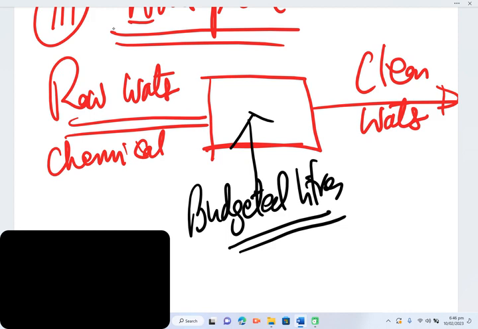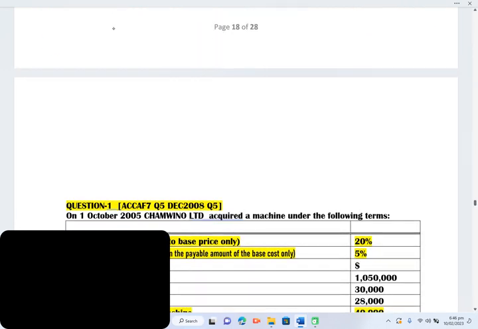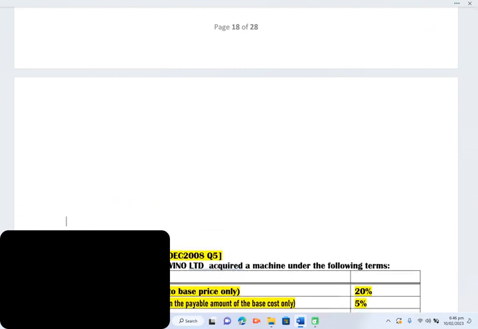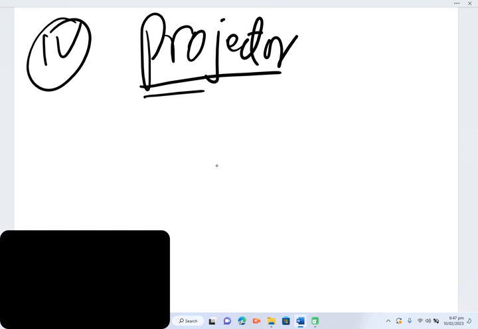Mnasikia mpaka aina ya 3 au ya 4 wanaangalia machine hours. Kwa mfano kwenye mitambo kama hii projector ina budgeted machine hours. So a projector has budgeted machine hours, kwa sababu projector inapowaka lile jicho linatoa mwanga, halafu ina hit pale.